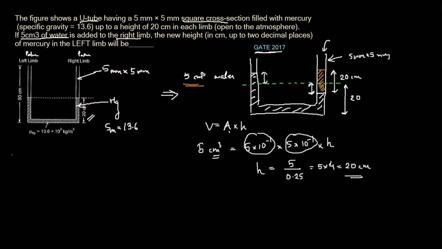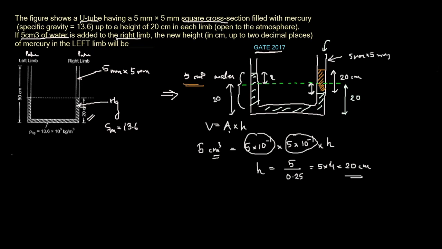So let's consider that it is x. What we want to find is the new height of the mercury in the left limb. This is the total height we need to find, and from this figure we know this height is 20. So 20 plus x is what we want to find.